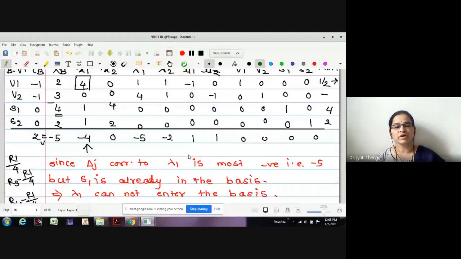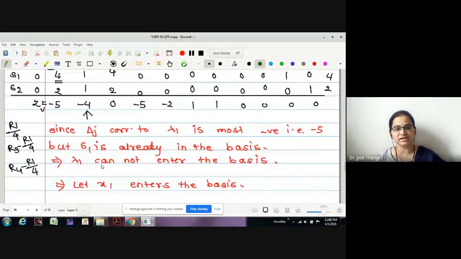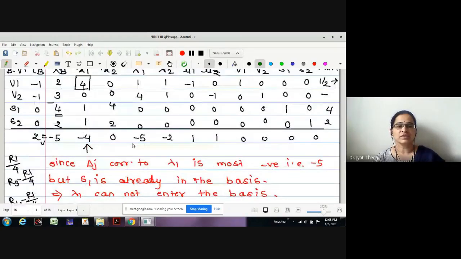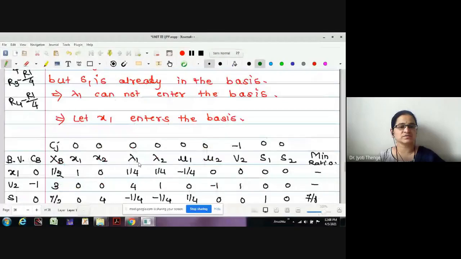Whenever we introduce a variable with the most negative delta j value, we have to check whether its corresponding pair is in the basis or not. If it is already in the basis, we cannot enter it, because of the conditions lambda 1 x1 equals 0, mu 1 x1 equals 0, and so on.